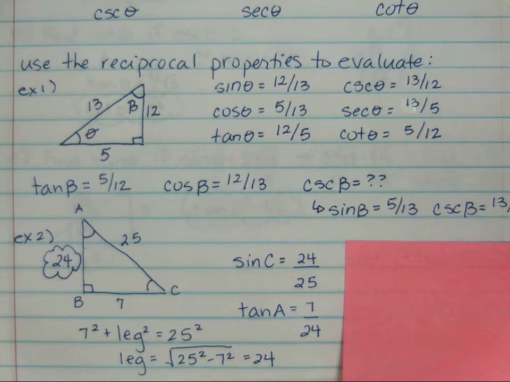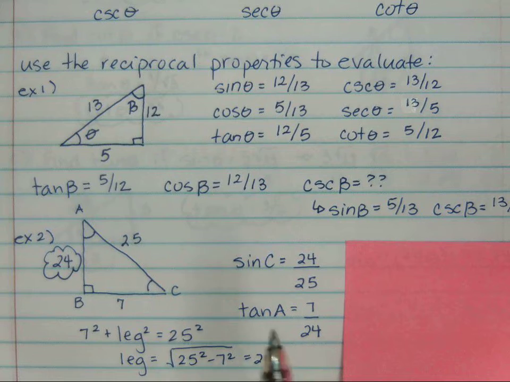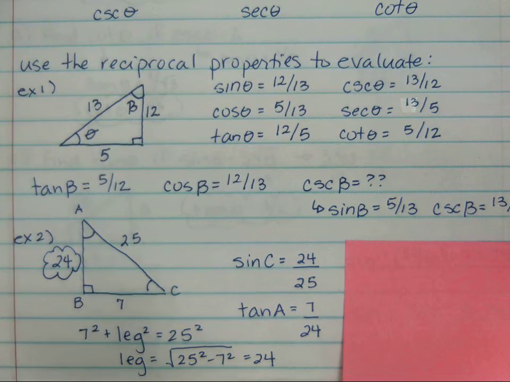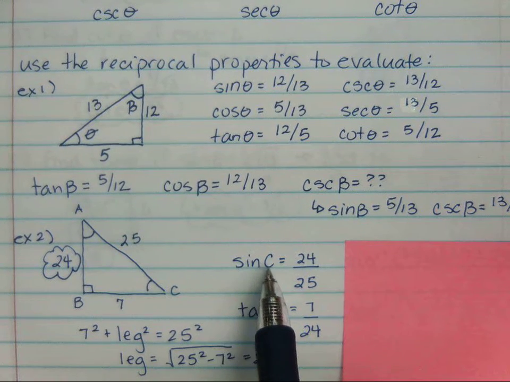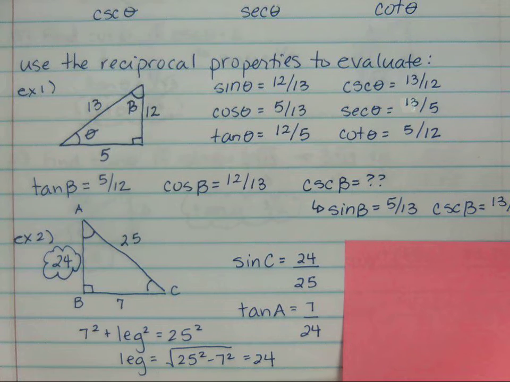And again, it doesn't really matter which trig function I use, because I have all three sides, so my ratio is going to be whatever I decide to use in my calculator. So if I want to find C, and I'm going to use the sine function, I need 24 over 25 as my ratio.